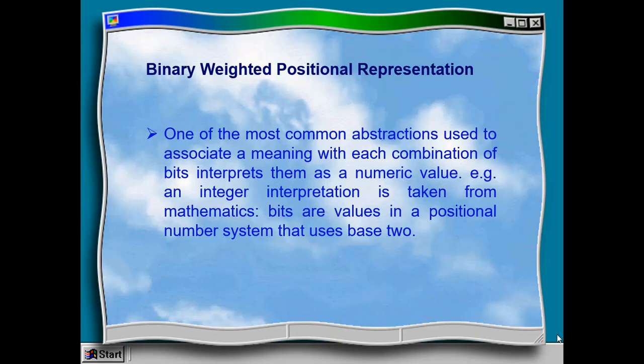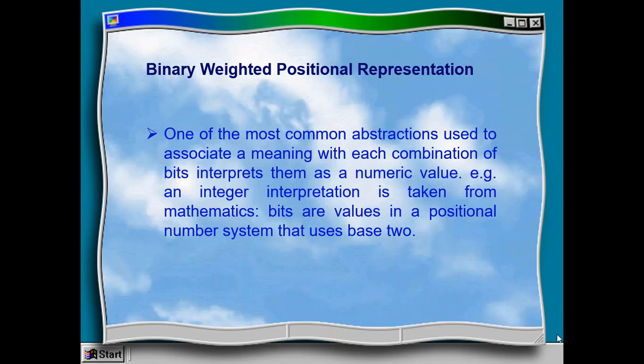A very good question is binary weighted positional representation, which is something you find around. One of the most common abstractions used to associate a meaning with each combination of bits interprets them as a numeric value. For example, an integer interpretation is taken from mathematics. Bits are values in a positional number system that uses base 2.